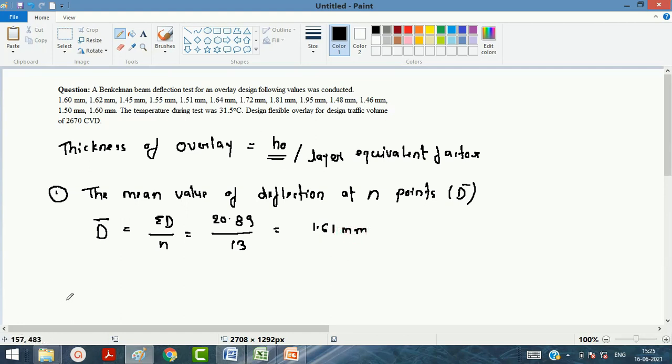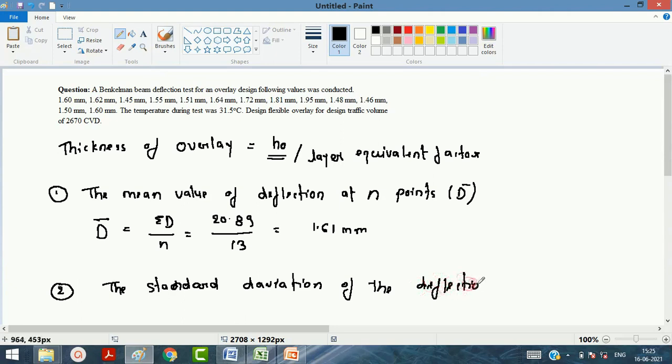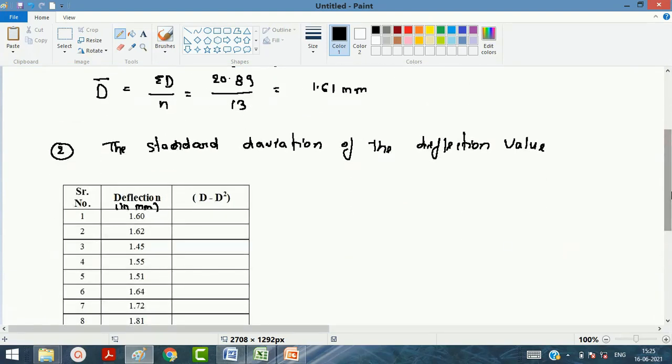Next, the second step is to find the standard deviation of the deflection value. The standard deviation is denoted by sigma.